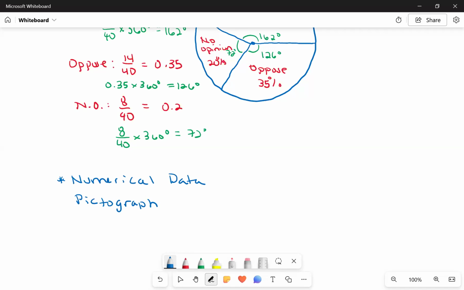A pictograph kind of mimics the bar graph a little bit. In fact, I'm going to write this phrase for the next 3 graphs: it's like a bar graph, but it uses pictures to represent a certain numerical amount.